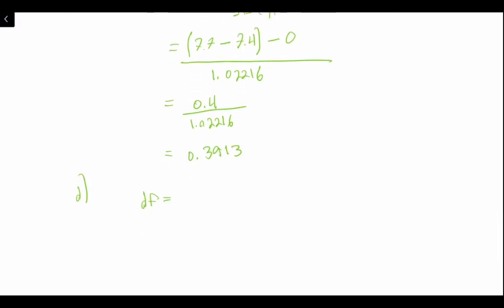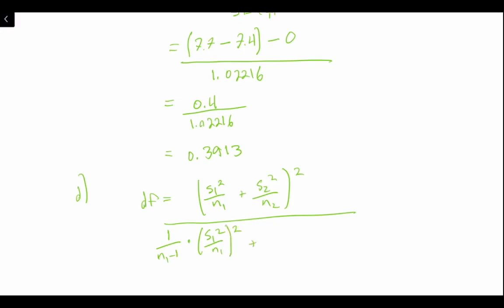The equation is the following: S1 squared divided by N1 plus S2 squared divided by N2, this sum squared, divided by 1 over N1 minus 1 times S1 squared divided by N1 all squared, plus 1 over N2 minus 1 times S2 squared divided by N2 all squared.